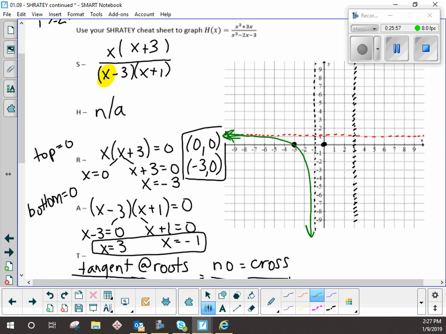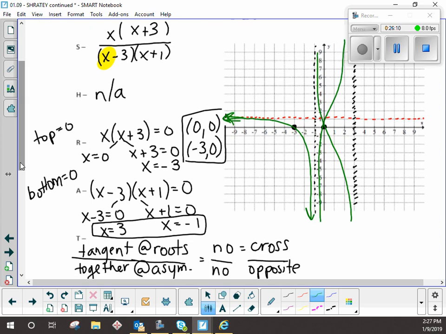So there's really just two ways it could cross through there. It could either go like this, or it could go like this. So we have to use some of our other clues to figure out which way it's going to go. So if I go here, I'm going to use this T information, because right here is my asymptote stuff.